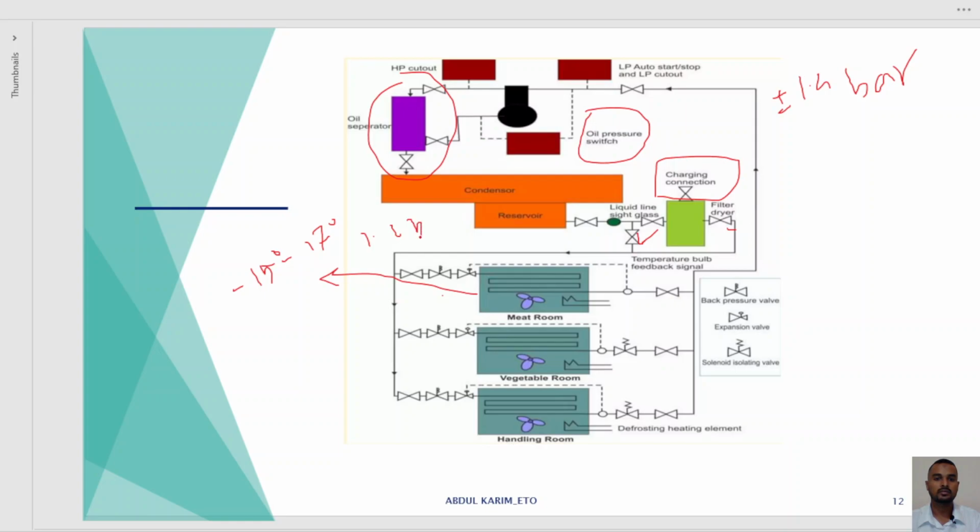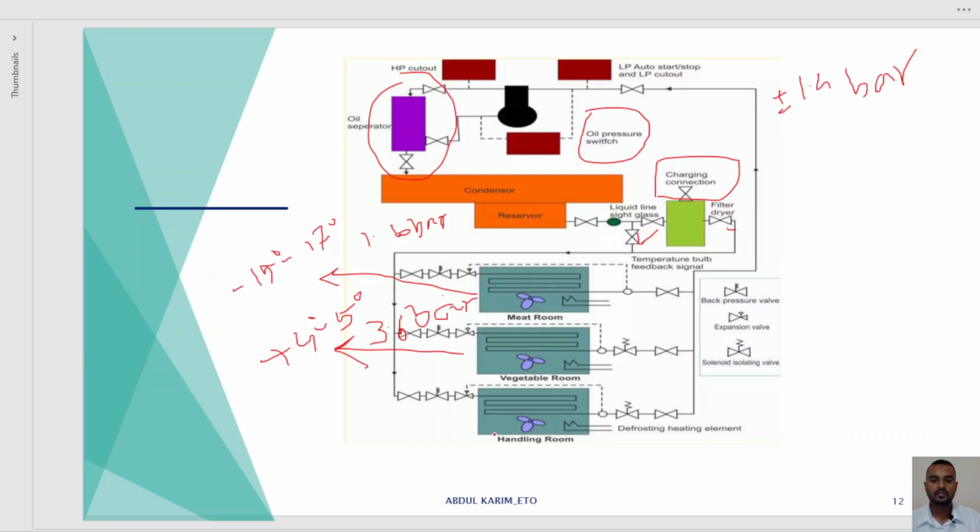And the vegetables room temperature will be kept at plus 4 degrees to minus 5 degrees Celsius, and the pressure will be around 3.6 bar.